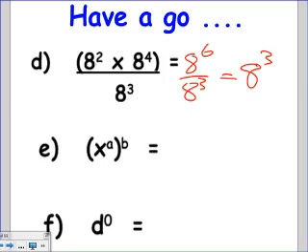Because that's a to the 6 divided by a to the 3. The next one, x to the a to the power b. x to the ab. Because you're meant to multiply this with this, so a times b in algebra is ab. We don't put the multiply sign in. Okay? And then finally, d to the 0 is the number 1.